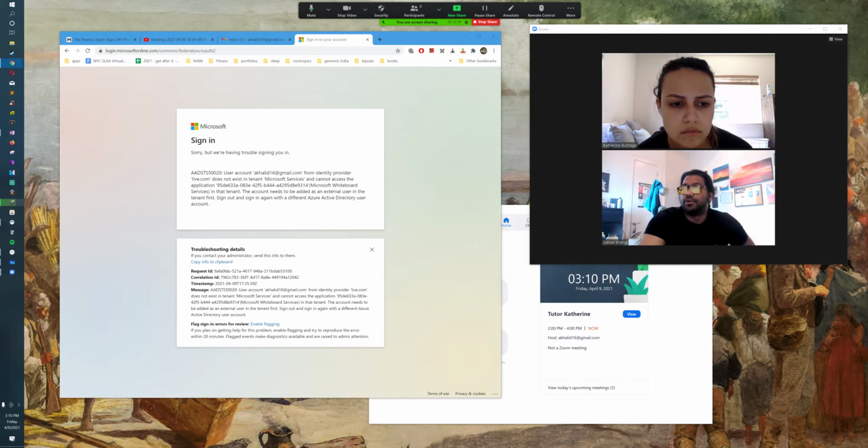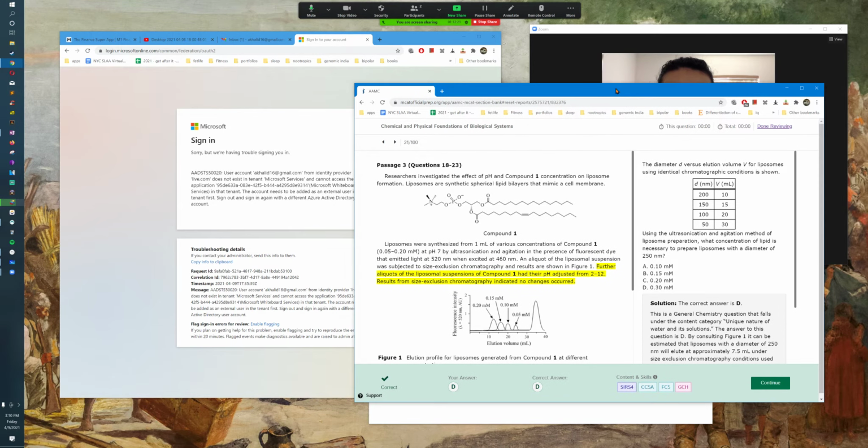So what I would write here is, you wrote it down at some point, that concentration was inversely proportional to elution volume. Yes, right here. And then I would write what they're showing us in this problem: diameter is inversely proportional to elution volume.